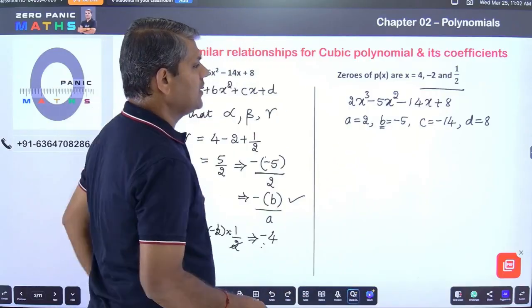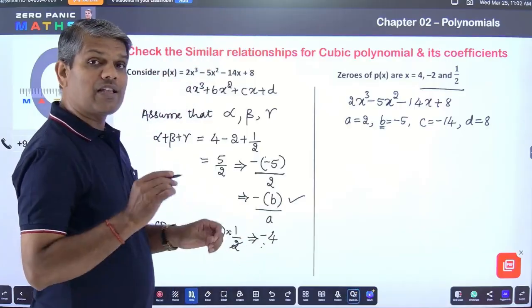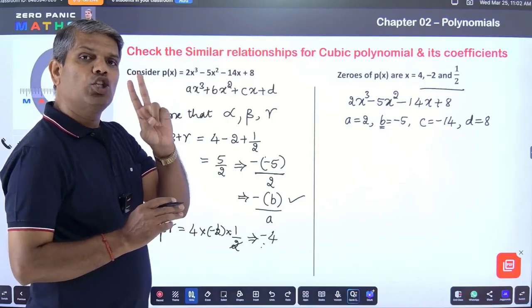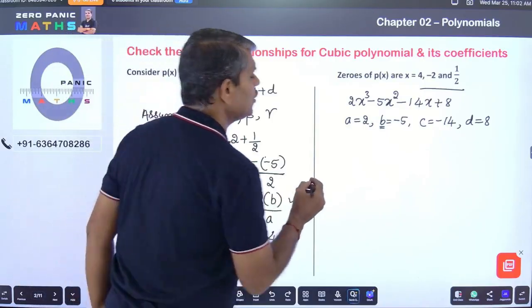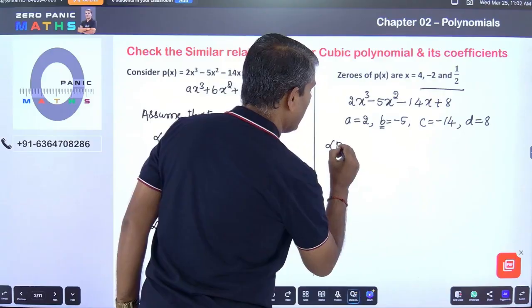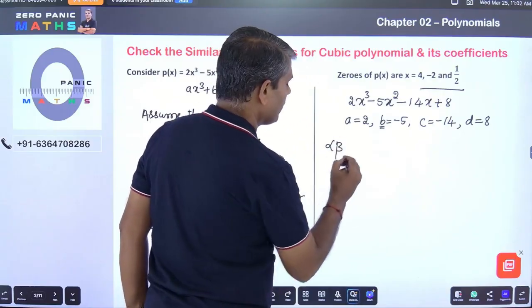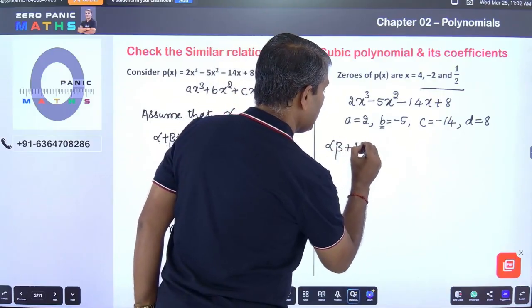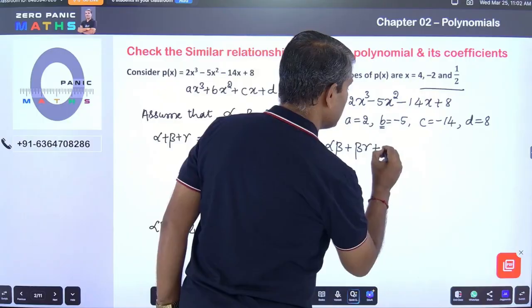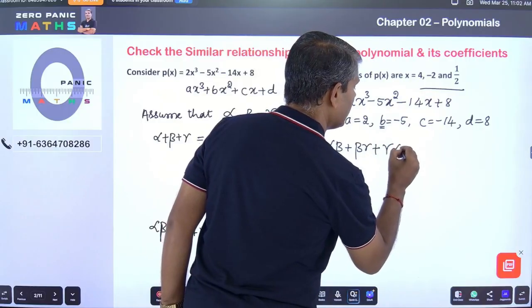It is the sum of the products of the given zeros taken two at a time: alpha into beta, beta into gamma, plus gamma into alpha.